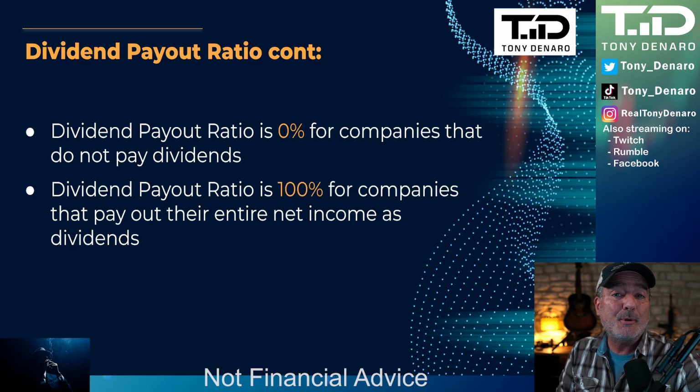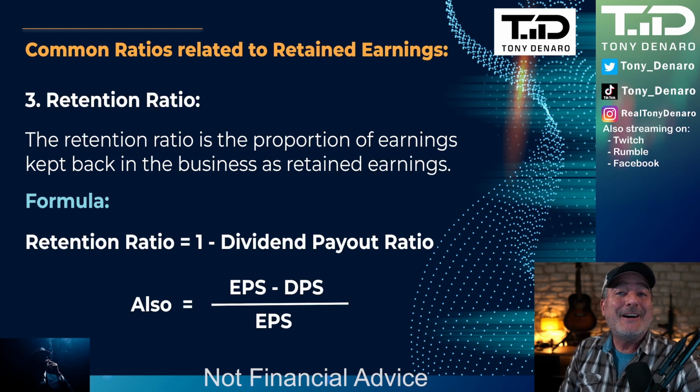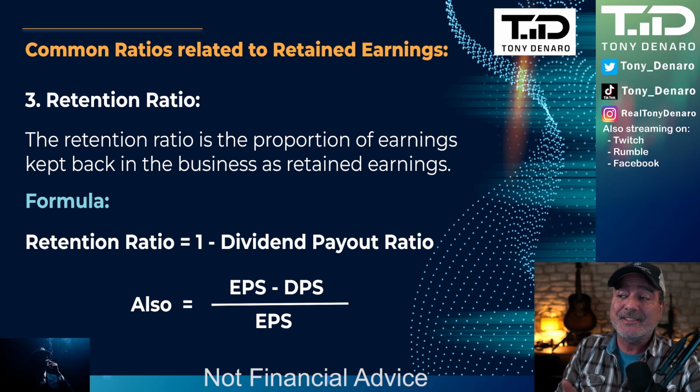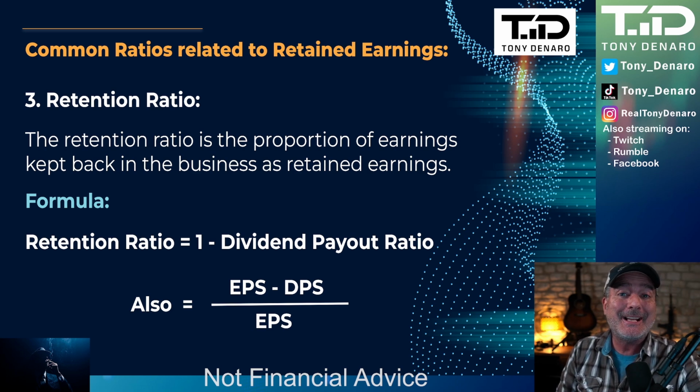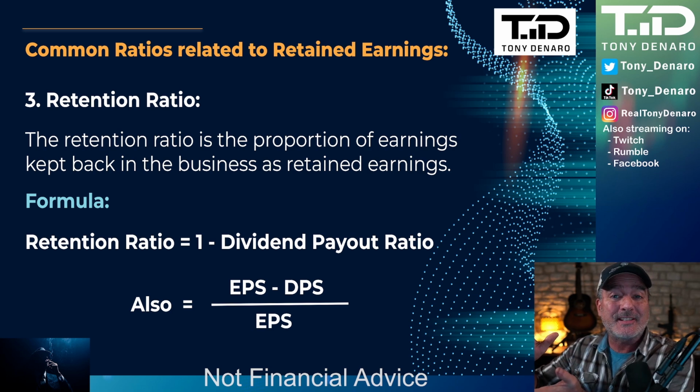Quick little thing to remember about the payout ratio is that if a company is not paying dividends, its payout ratio is going to be 0%. And if they are taking all of their retained earnings and paying it out as a dividend, their payout ratio would be 100%. The third and final ratio that we're going to talk about is the retention ratio, which is the proportion of earnings kept back in the business as retained earnings. Remember, we had our revenue, we subtracted our expenses, we had retained earnings left over.